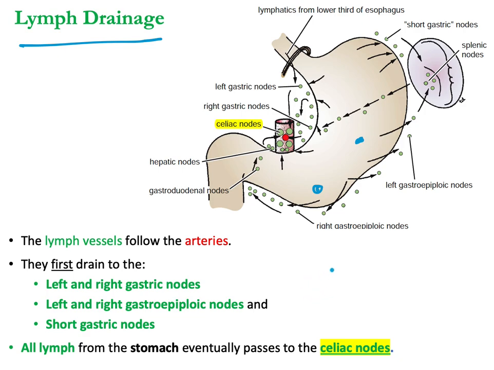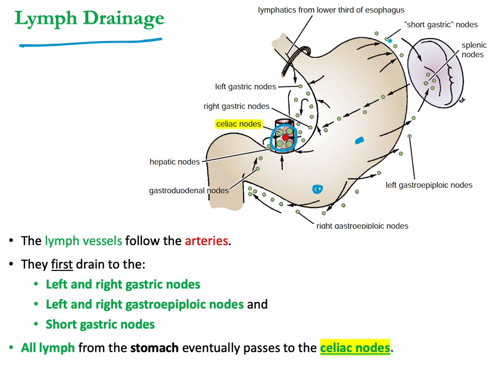So usually, in general, the blood supply of the stomach comes from the celiac artery, and there are nodes around the celiac artery. We know that lymphatic vessels and nodes usually follow the arteries, and we already know the blood supply of the stomach comes from the celiac trunk.